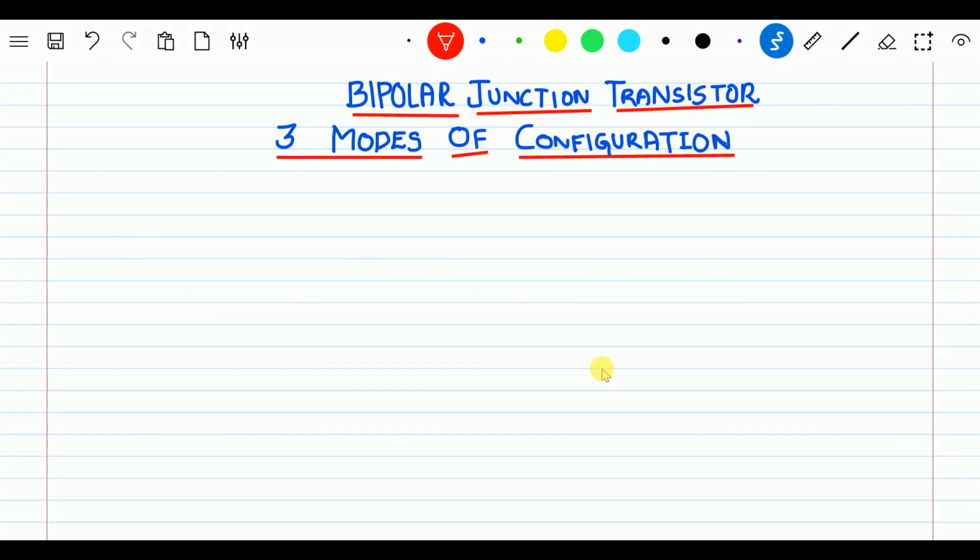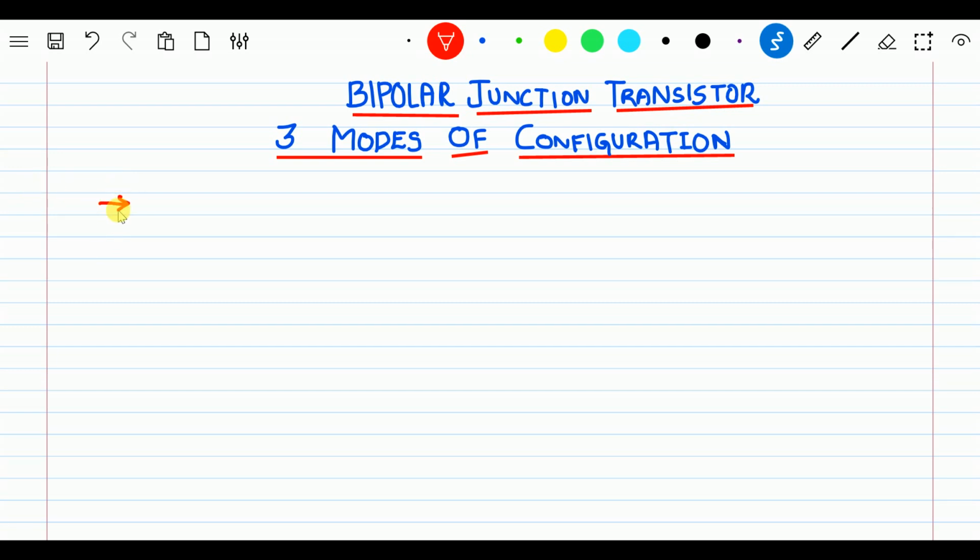These are the configurations used when we use the bipolar junction transistor for amplifier designs. We normally go with these configurations so that the BJT can be used for designing amplifiers for various applications. The three modes of configuration are as follows.